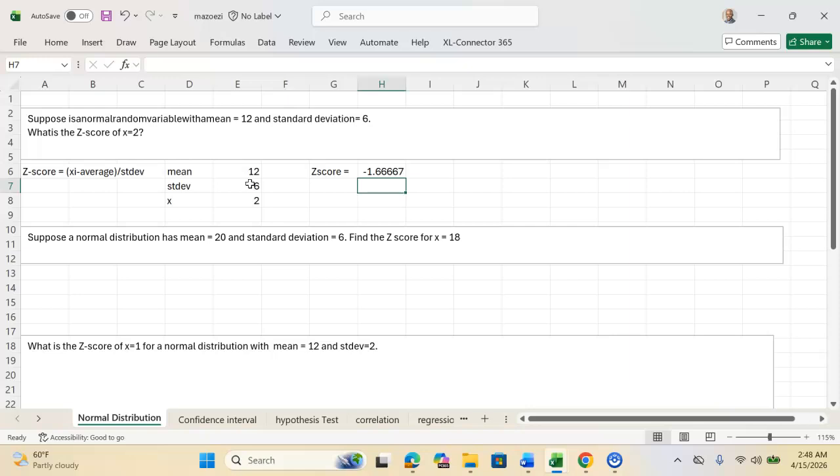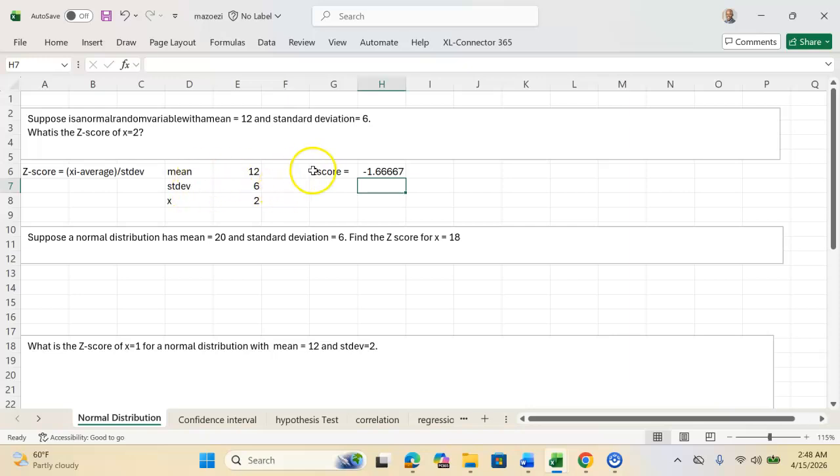So we can say the x value, which is 2, is minus 1.67 standard deviations from the mean, and the mean is 0. Remember, when we standardize our values, the average becomes 0 and the standard deviation is 1.